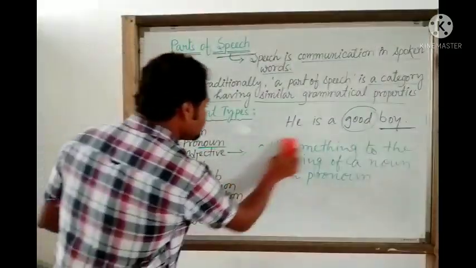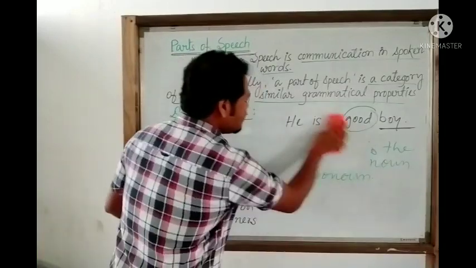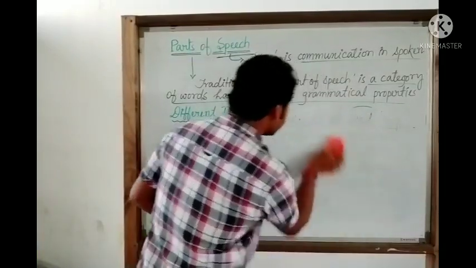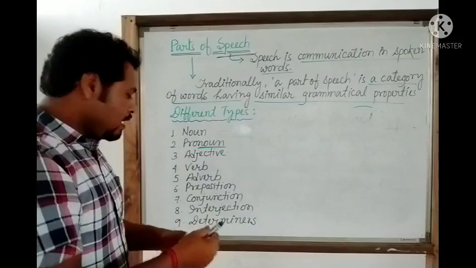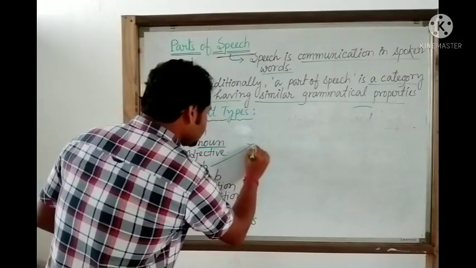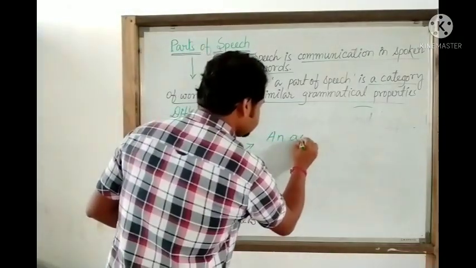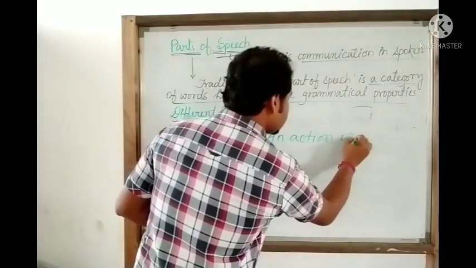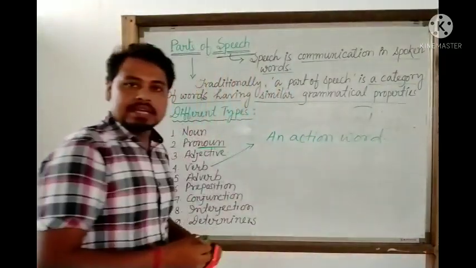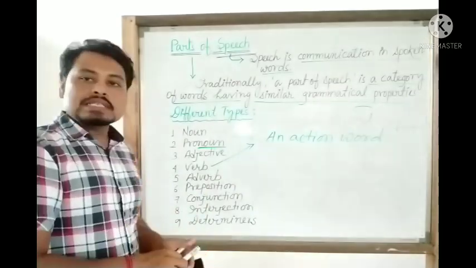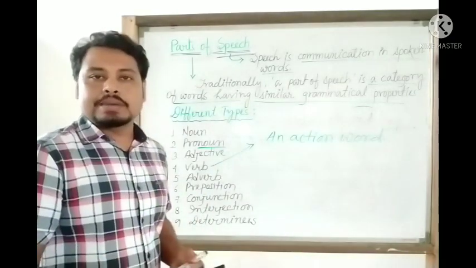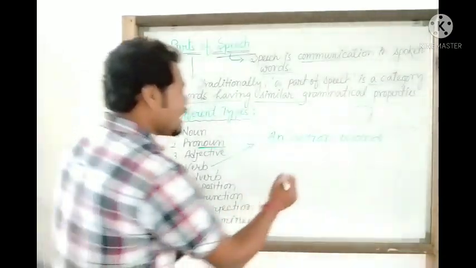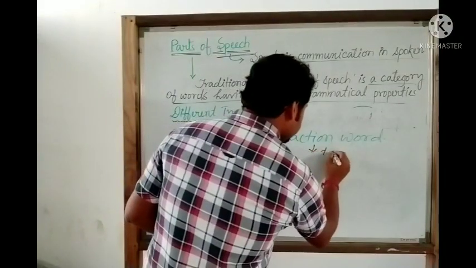After this adjective we have in our list verbs. Now verb is an action word. That means this word always suggests an action taking place.